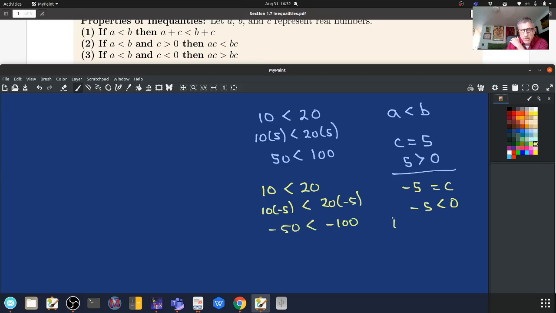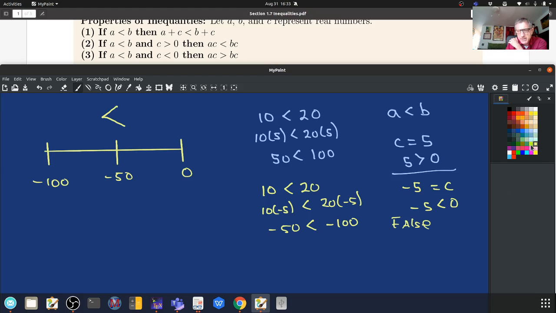But that's false. If we look at our number line, we're going to find if this is 0 up here, this is minus 50, and this is minus 100 down here, and the direction of our inequality is this way. So minus 100 is actually less than minus 50, but this says just the opposite.